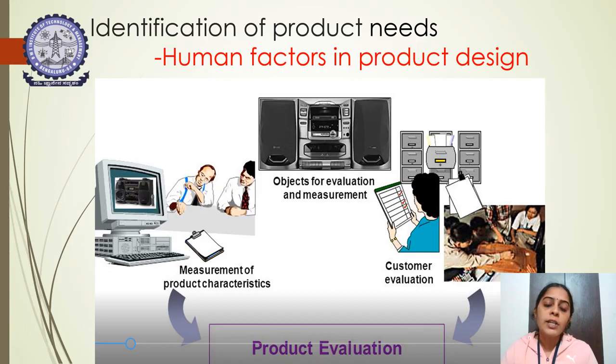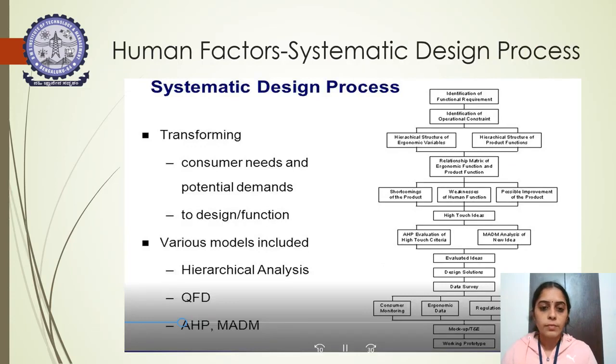So in each and every stage of evaluation, human factors play a vital role. This is the human intervention in product design, right from the beginning until the end. Also in the design process, we have studied different design processes which evolved in ancient times, like around 4 ancient design models, and also the existing design process.